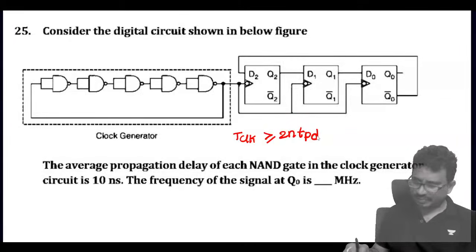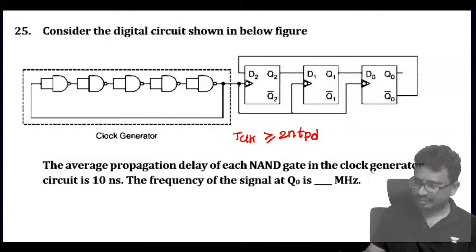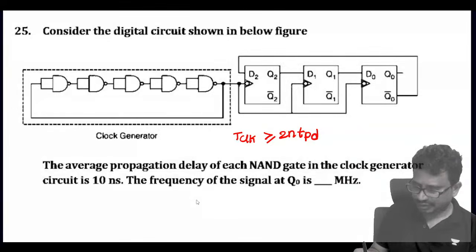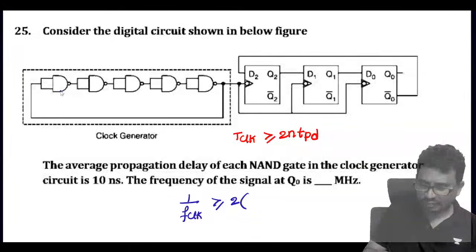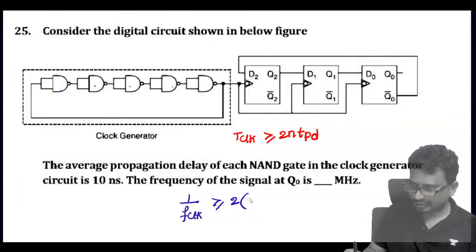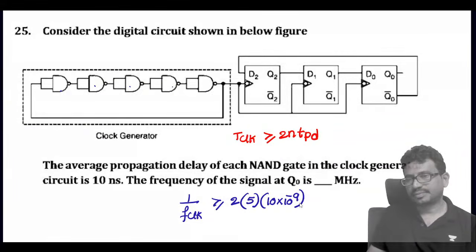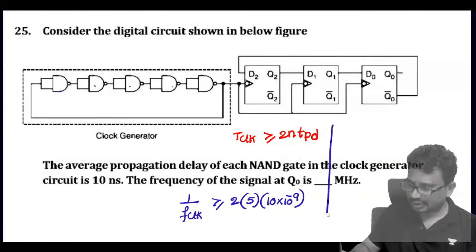Now you can simplify it. We need to find T clock. So we can say 1 by F clock must be greater than 2 into n value. 1, 2, 3, 4, 5 are there, 5 NOT gates, into TPD given as 10, so 10 into 10 power minus 9. So how much will F clock come?